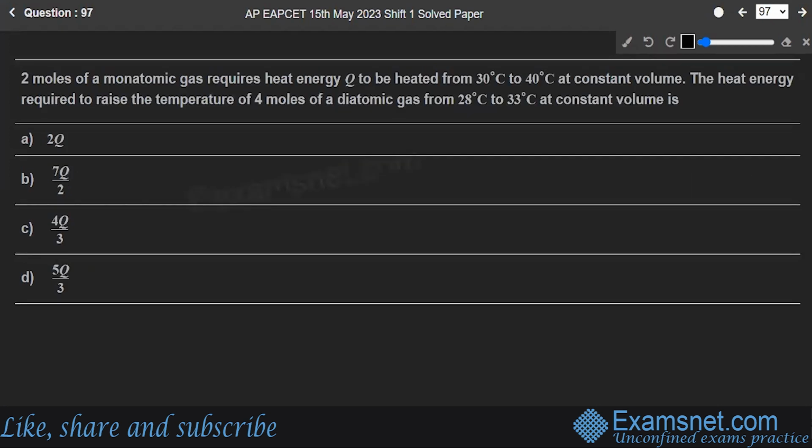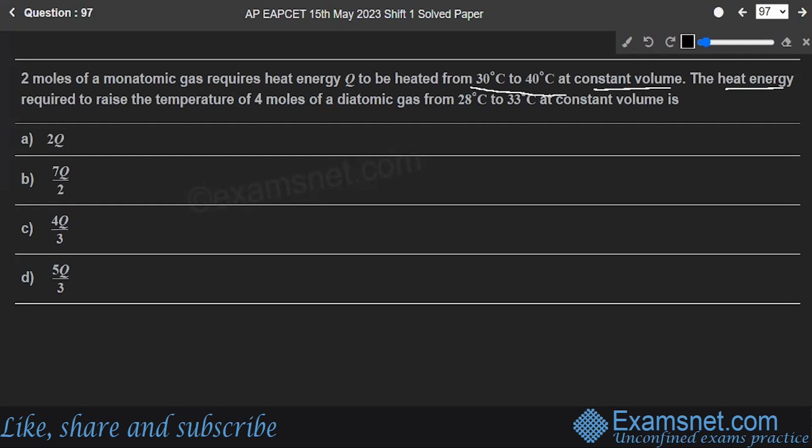Hope you got that. Next is question number 97. 2 moles of monoatomic gas require heat energy Q to be heated from 30 to 40 degrees Celsius at constant volume.